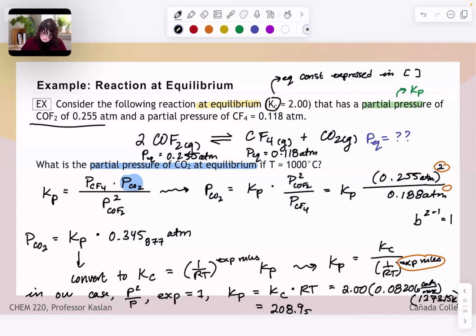And now that we have Kp, we can take this Kp and plug it in here to solve for PCO2.